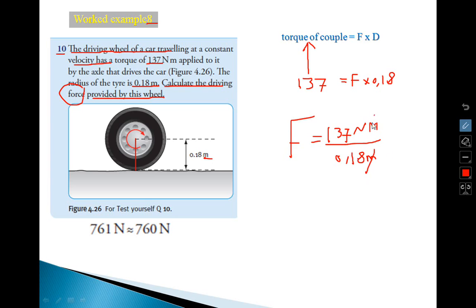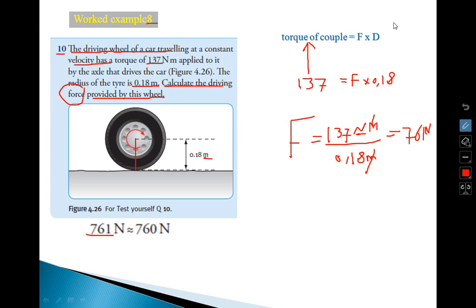Meter with meter, so it's 137 over 0.18, which is equal to 761 Newton. So the force needed here is equal to 761 Newton to make this wheel move.